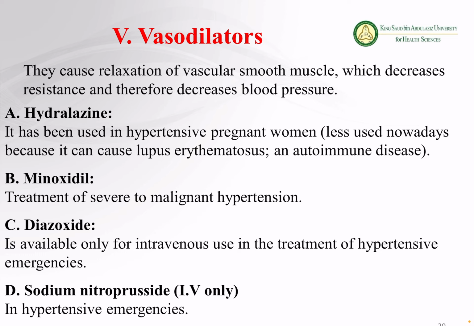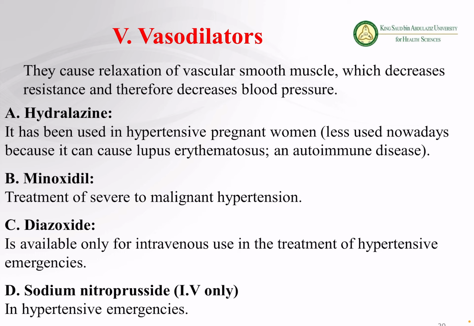Now we have angiotensin converting enzyme inhibitors, which we'll discuss after this, and also angiotensin receptor blockers, a very good drug. Because of their adverse effects, we don't use vasodilators very commonly, but in some patients we need to give them. For example, we have hydralazine.